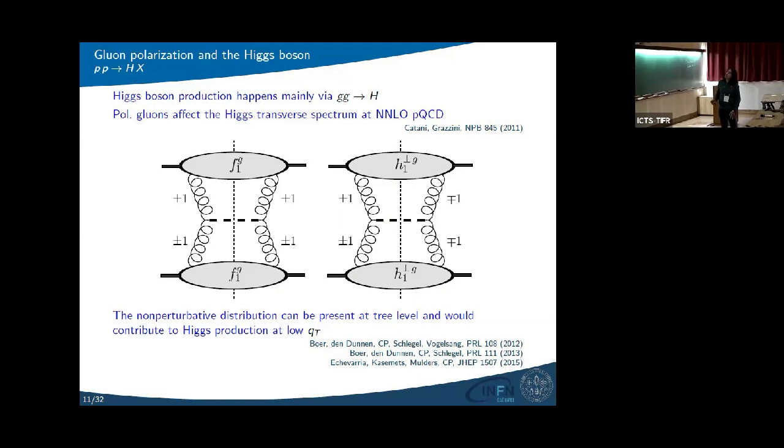Okay, so if one looks at the pT distribution of the Higgs boson, for example, then one sees that it is modified by the presence of this h1perp term. So here, this is a plot from a paper by Boer and collaborators. They studied this quite recently.